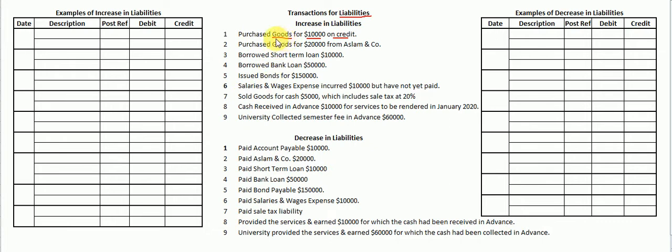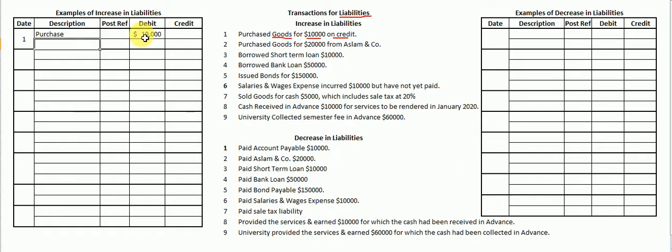So in the periodic inventory system, if you remember, when the goods are purchased, we debit what? Number one, we debit the purchase account. And why are we debiting the purchase account? Because purchase is our expense account, and an increase in an expense account should be debited, and that is $10,000. And you have to credit what?